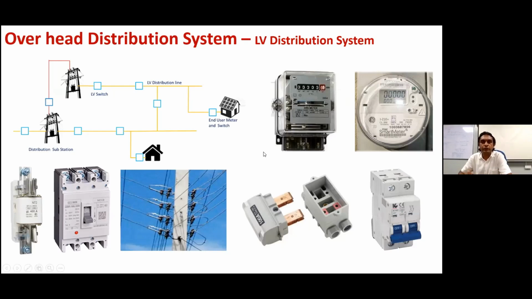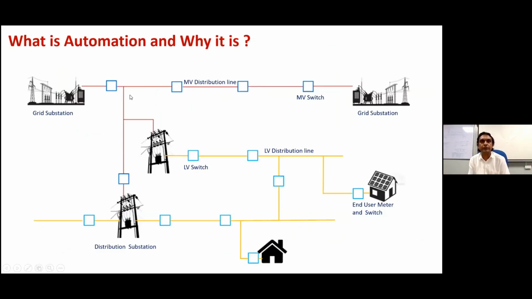I think now you have a good idea about the overhead distribution system, MV and LV distribution systems. Then why is automation required for the distribution system? What is automation?